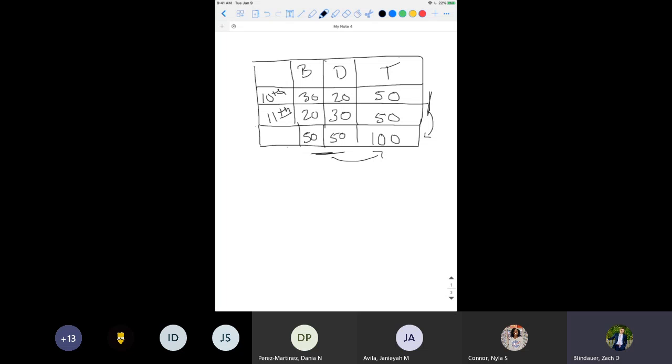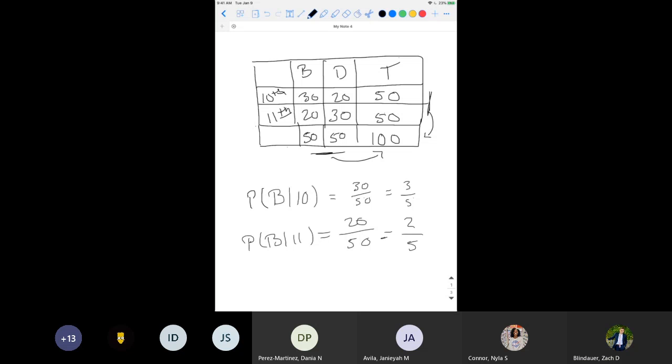If we look at the probability of liking bowling given 10th grade, that's how we would write it, it would be 30 out of 50, or 3/5. And the probability of liking bowling given 11th grade is 20 out of 50, which is 2/5.